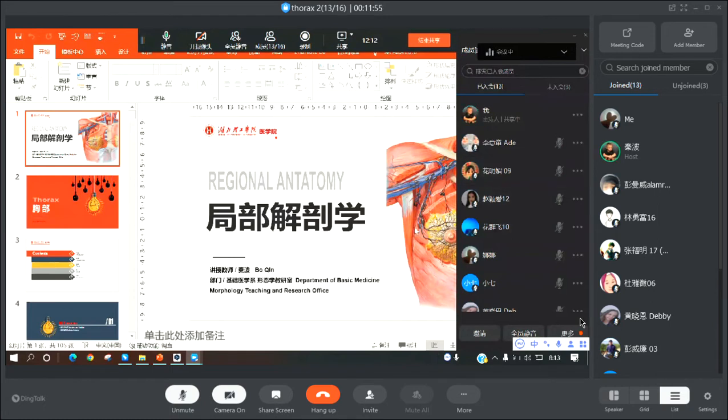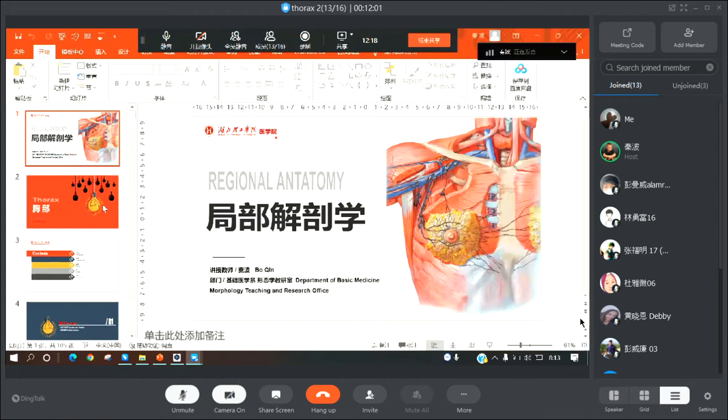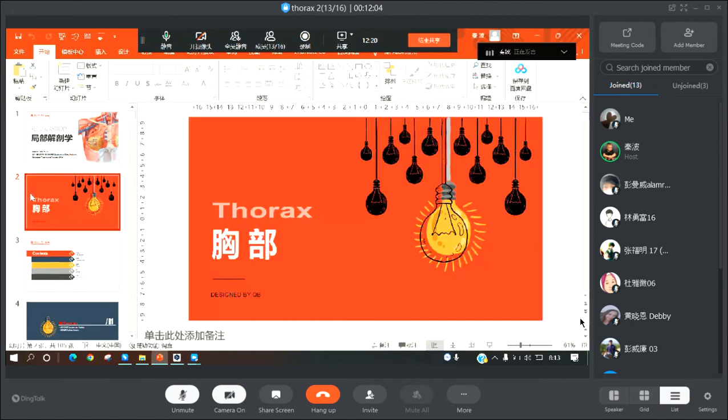So let's begin our course about the thorax, thorax 2. Last class I introduced the thorax. Do you know how many layers? I introduced the physical structure of our thorax.